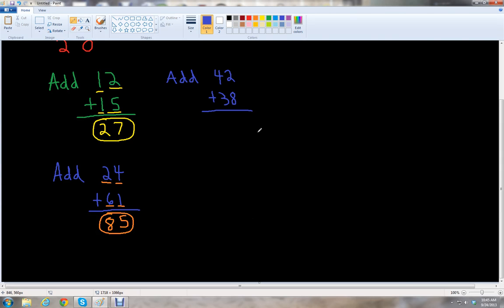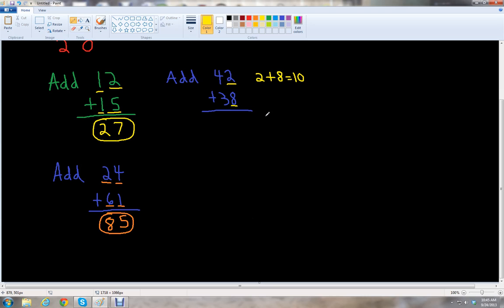Okay, so if we want to add these two numbers together, we start with the ones place first. We have 2 plus 8. And we know 2 plus 8 gives us 10. But 10 is a two-digit number. So what are we going to do?